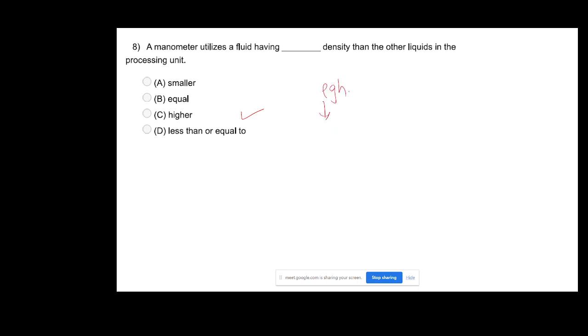Now, the higher the rho, the change in pressure, which we will measure as delta P, will be obtained in terms of the height difference of the fluid. If this density is higher, then we require a lesser amount of fluid, which is why we take the density of fluid to be higher.